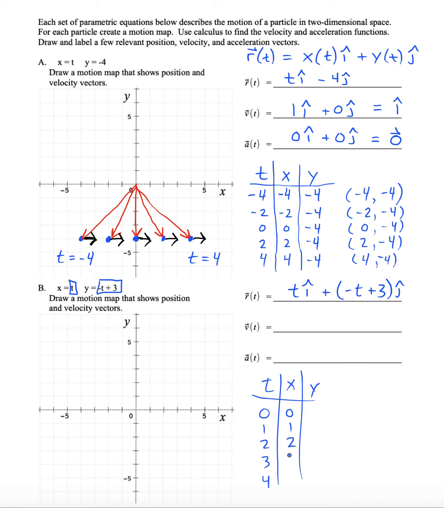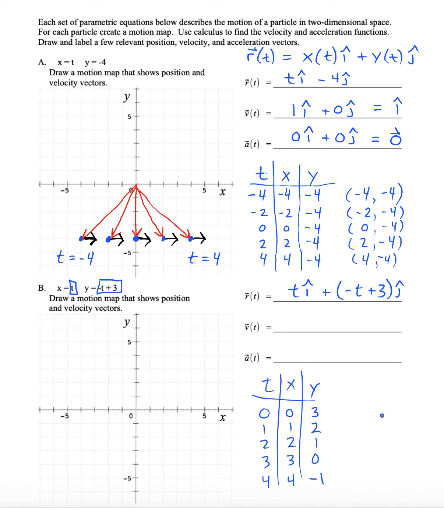If t is 2, x is 2, and so on. However, when it comes to our formula for y, if we plug in a 0 for t, we'll get 3. If we plug in a 1, we'll get 2. If we plug in a 2, we would get 1. And then we'll get 0, and looks like negative 1.